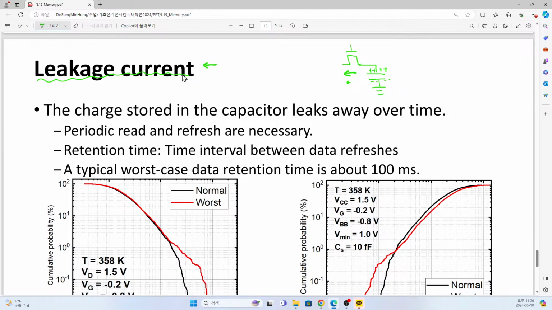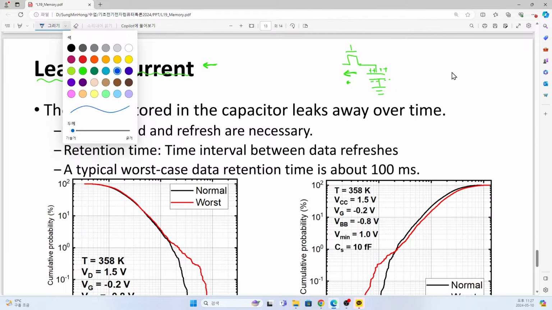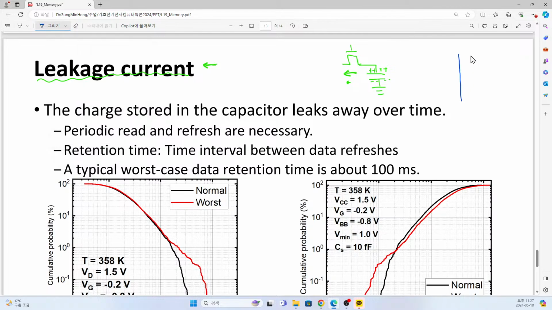But here we have a quite important thing we have to understand. Now think about this array.